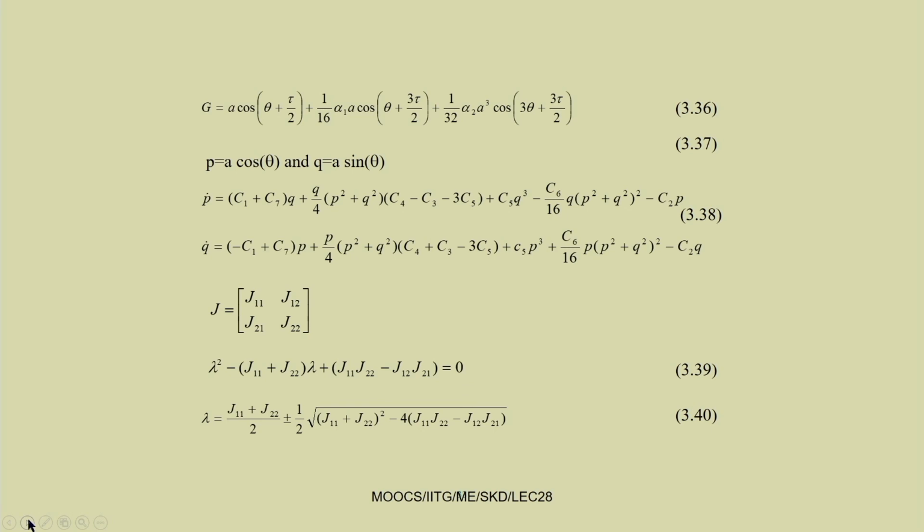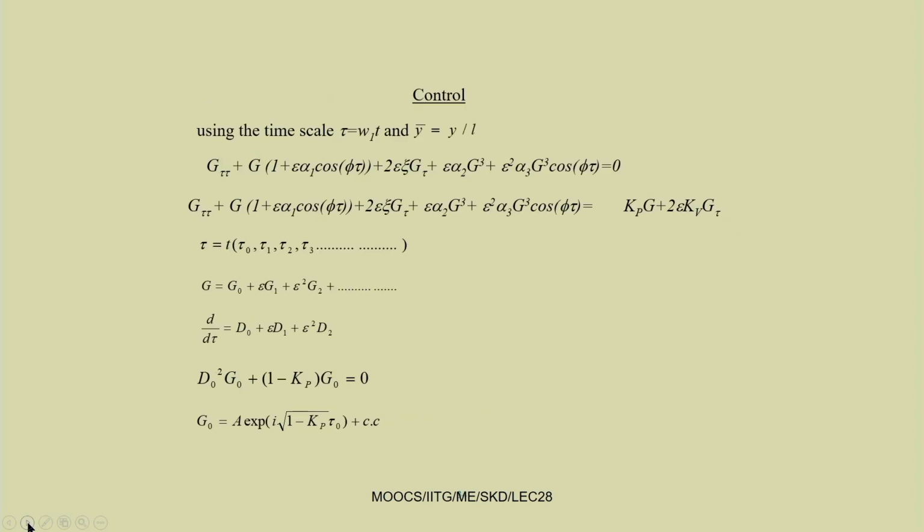Here again you may replace this equation using its polar form p and q, and you can get these two equations. Then you can find the Jacobian matrix, and by studying its eigenvalues, you can study whether the system is stable or unstable. If you want, you can also use a controller here to control the vibration.